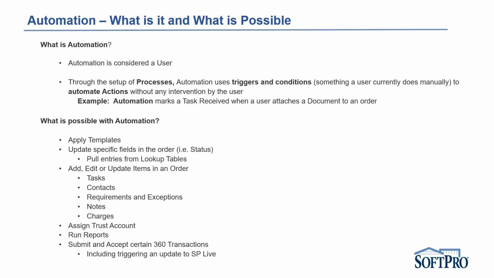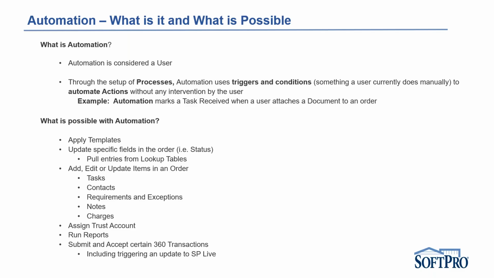But because automation is treated as a user to the system, if a user can do it in an order, to an extent, because there are limitations, then technically, automation could be programmed to do it. Think about that. That opens it up for a lot of possibilities. So really, the sky is potentially the limit.